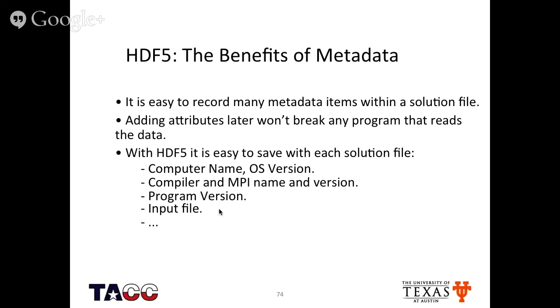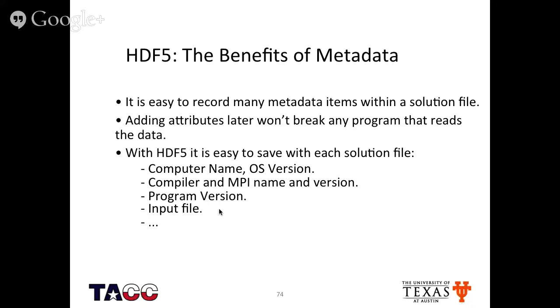But with HDF5, you can add all kinds of things. So I love this. One of the things I'm really passionate about is testing. I like to know what my programs do, and I want to be able to go back and look at my results. One of the nice things about HDF5 is I can encode all kinds of information in it, and I can decide later to add even another one that I didn't have before, and that's really huge for me. So I put in the name of the computer I ran it on, the OS version, the compiler name and version, the MPI name and version, my program version.